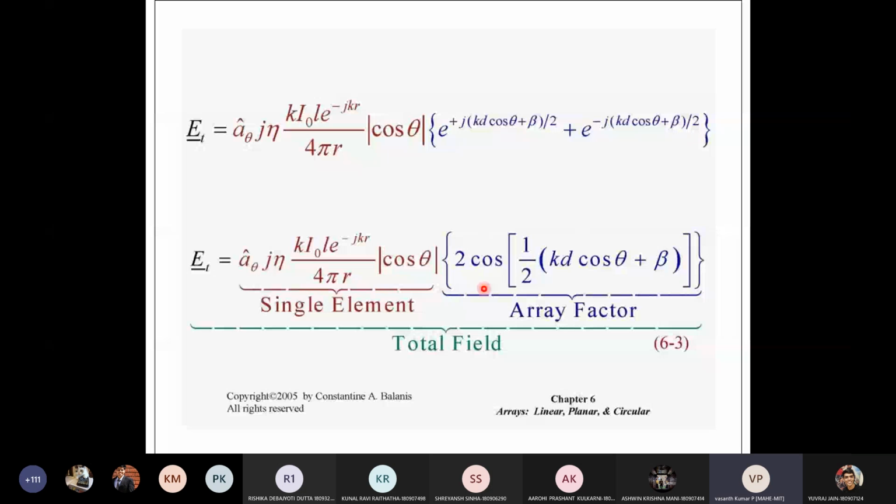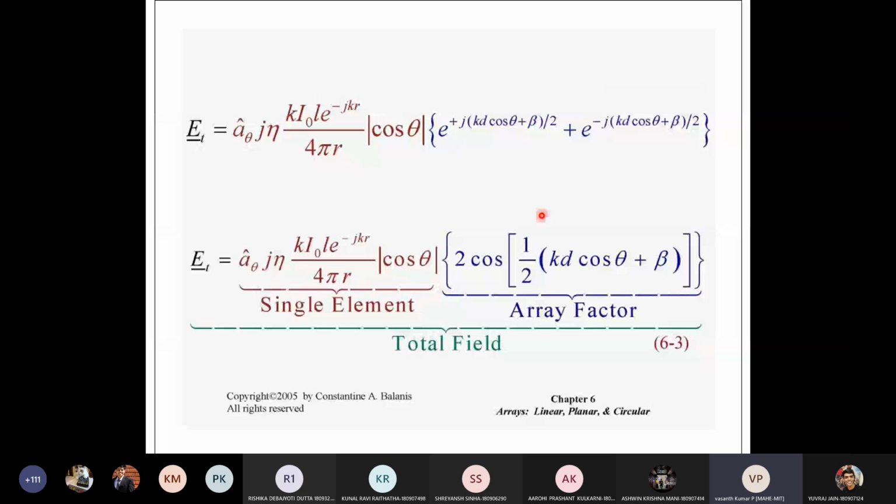And this is the array factor. The array factor has this term. It basically means two isotropic sources. This is the pattern of an isotropic source placed at the upper point, and this is the pattern of an isotropic source placed below z equal to 0.